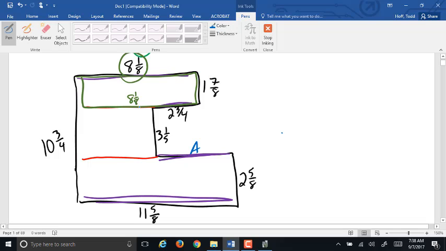Now from that, I'm going to look at this rectangle down here. That rectangle, of course, this side and this side would have to be the same. I can find this side by the 8 1/8 minus 2 3/4, which is going to give us 5 3/8, right? So this is 5 3/8.